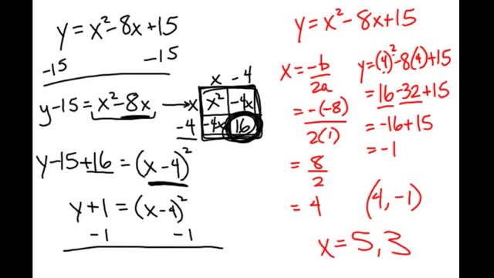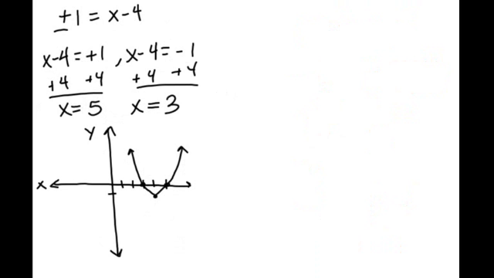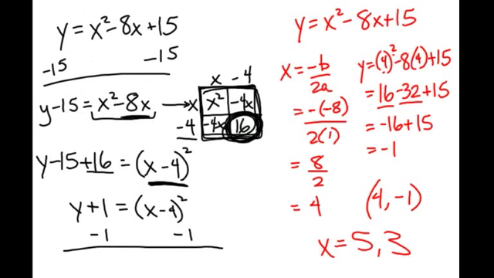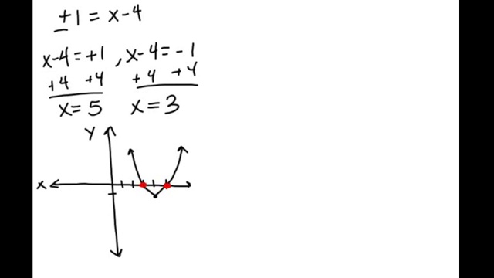And let's take a look at what we've already graphed. We graphed at 5 and 3, which is precisely what we just came up with, 5 and 3. So when I sketch this graph again, I am getting the exact same values.